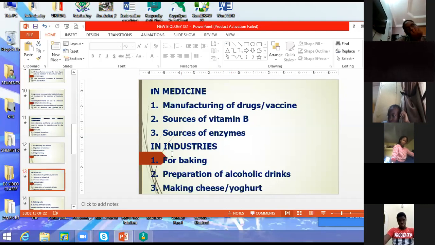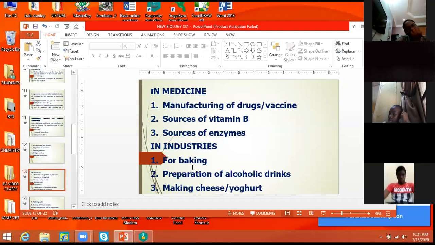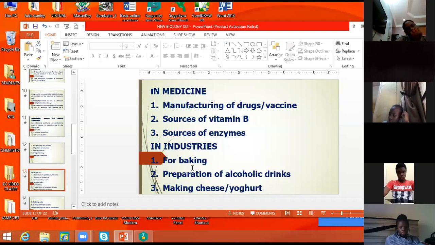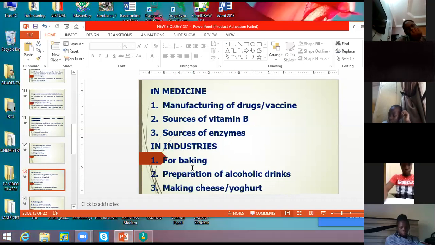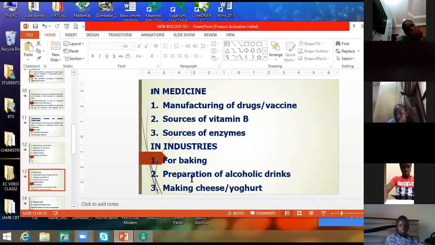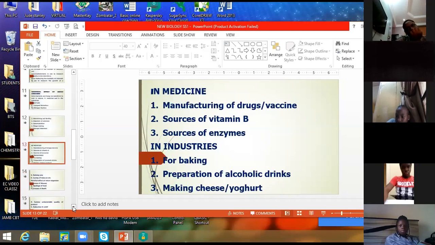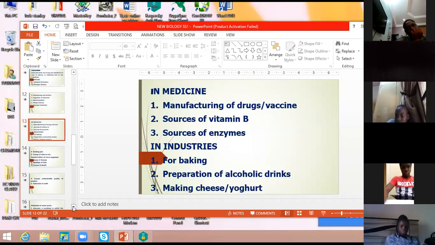Then in the industries, microorganisms are used for baking, like your yeast. Your yeast is a fungus. It is used for baking. When you apply a little quantity of yeast in bread, it will make the dough rise. Then there is preparation of alcoholic drinks. Then making of cheese and yogurt, using the harmless microorganisms, not the pathogenic ones.